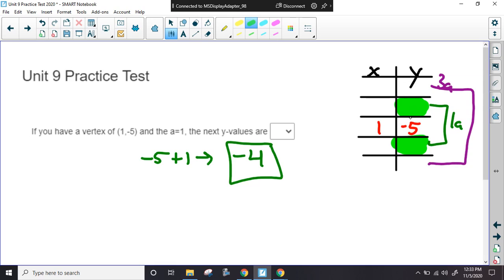It's actually talking about the next ones right there. So all you would have to do is take 1 times A, and our A is 1, and 1 times 1 is 1, and you add it to whatever that is. I could say A is 7, and you'd have to say, well, 1 times 7 is 7, and negative 5 plus 7 is 2.